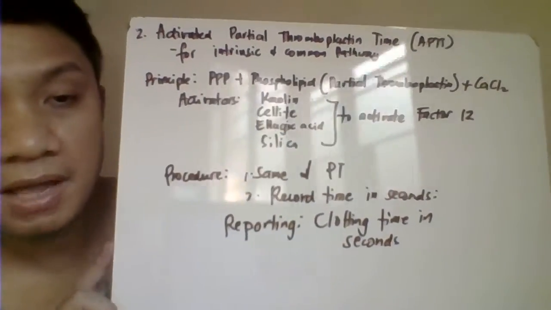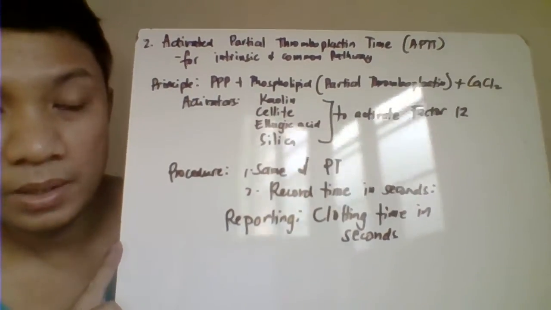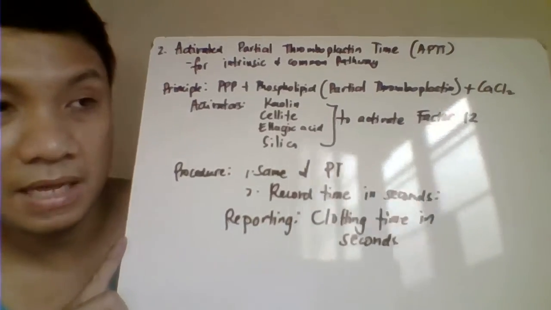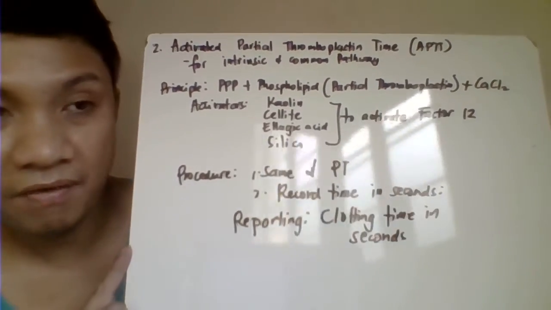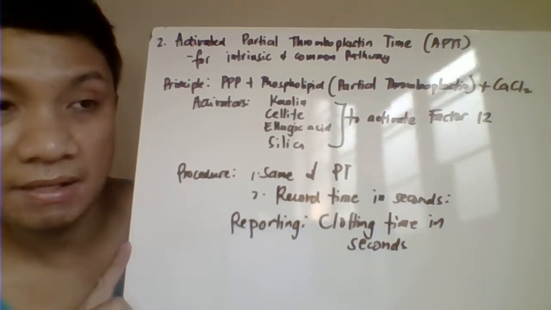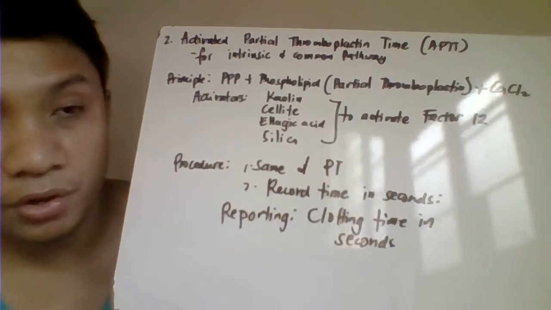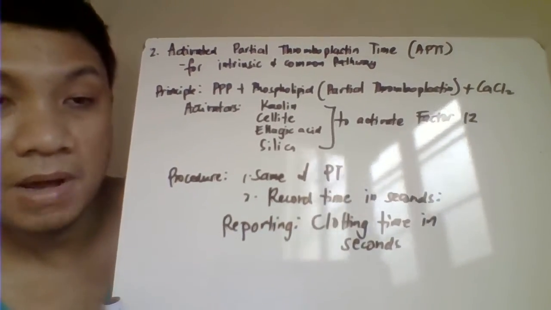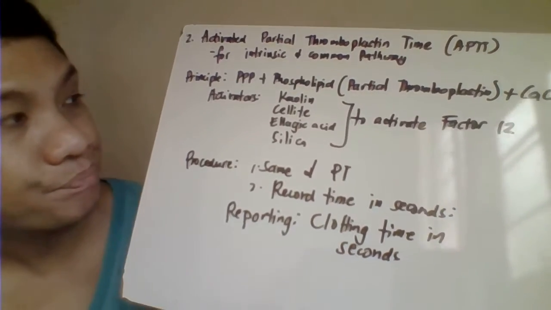Another one, we have your APTT or activated partial thromboplastin time. So this one will screen for the problem related to your intrinsic pathway and the common pathway. Again, that's factor 12, 11, 10, 5, 2, 1. So again, any problem related to your intrinsic pathway and common pathway would have an increase in our APTT results.